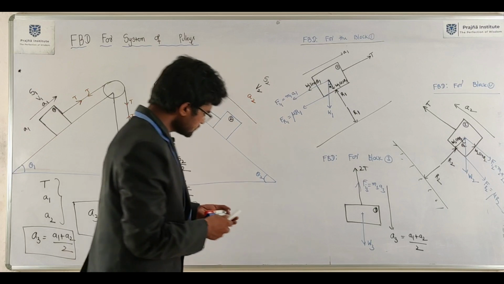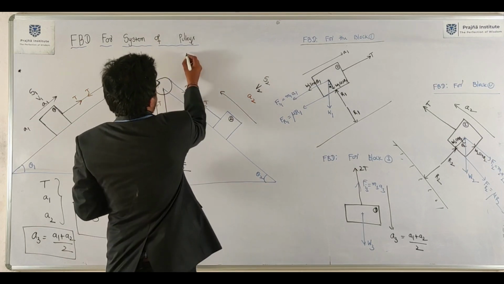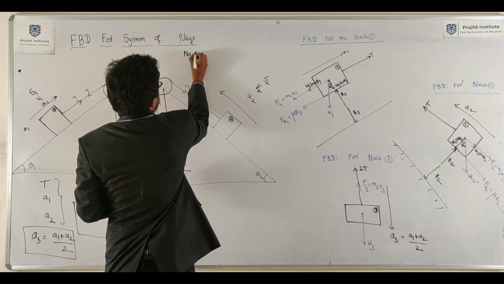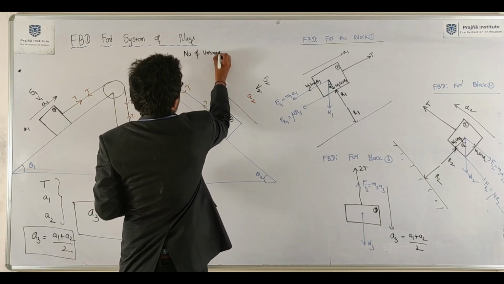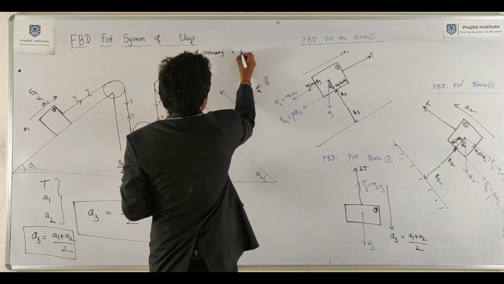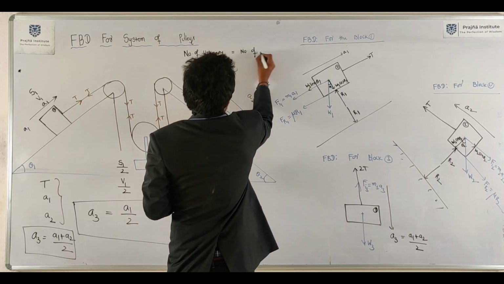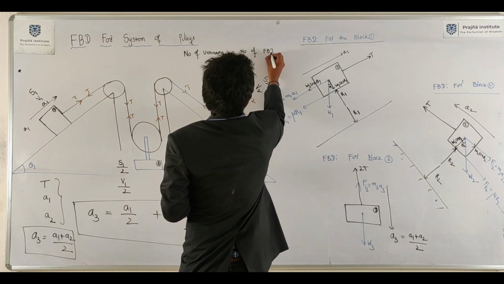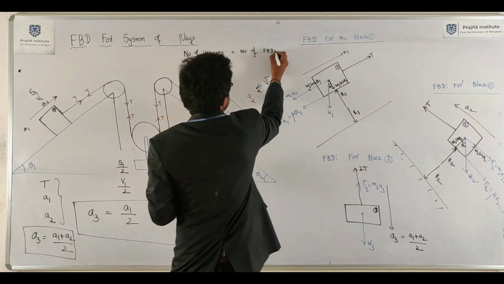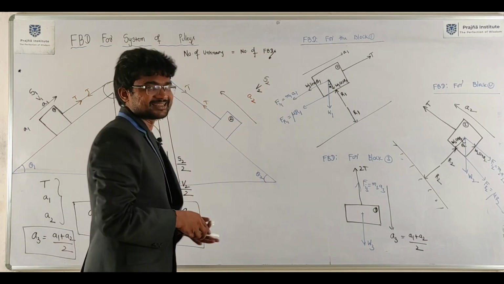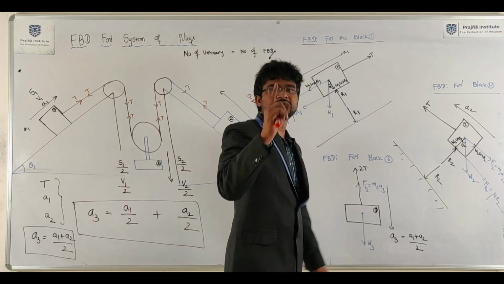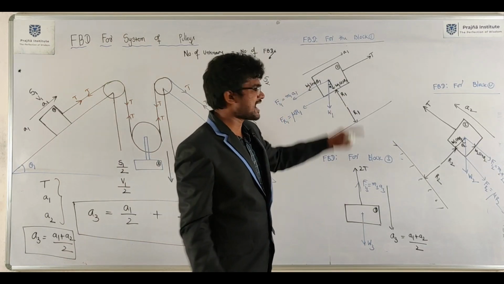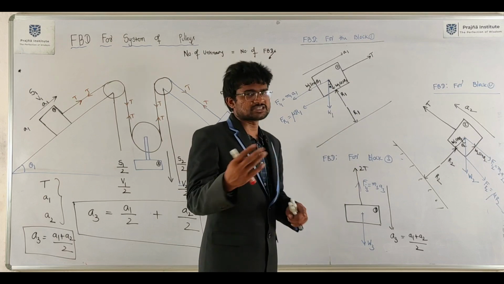Here I told you, number of unknowns equals number of free body diagrams. From one free body diagram, you will get one final equation. Here we are having two only: sigma H equal to 0, sigma V equal to 0.